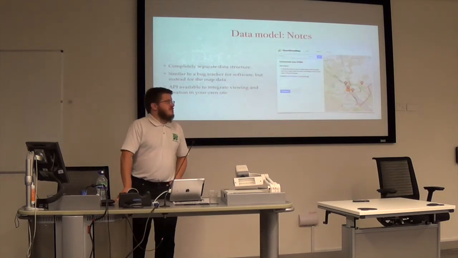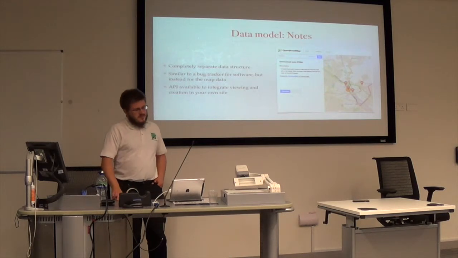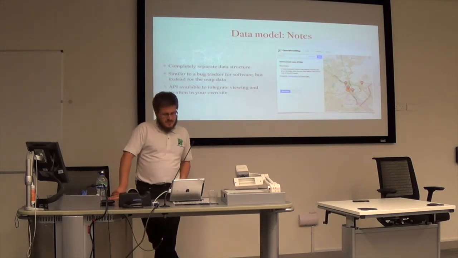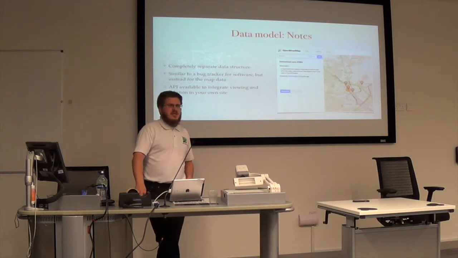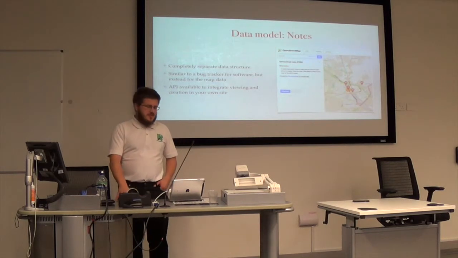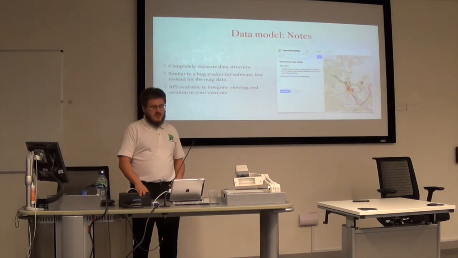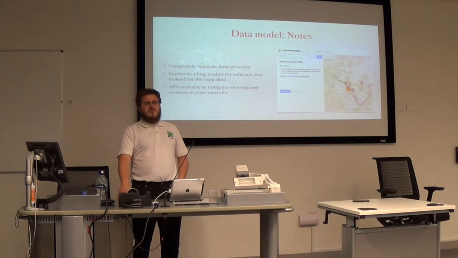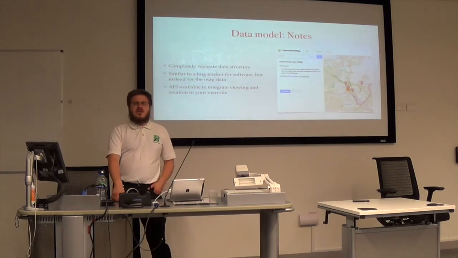A new thing which has recently come out is the notes system. For many years, there have been a couple of different bug trackers available for people to say, oh, there's a problem here, or there's a new housing estate here which is getting built, so we need to go away and survey that.